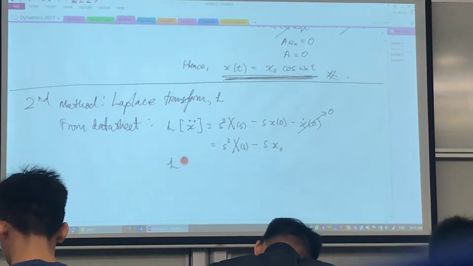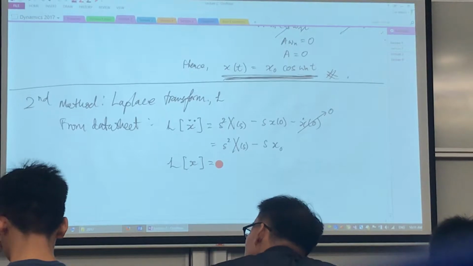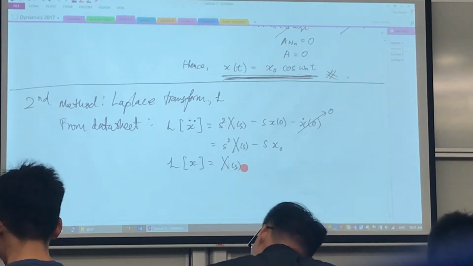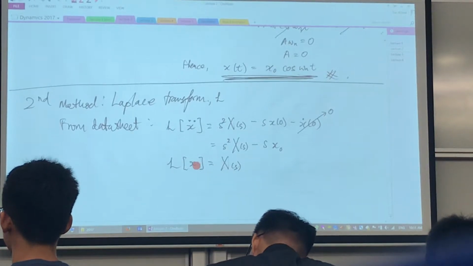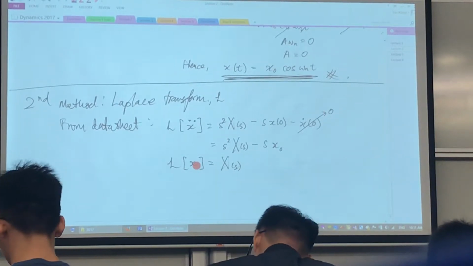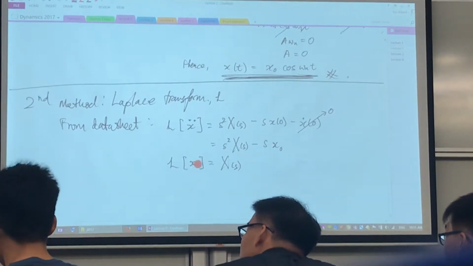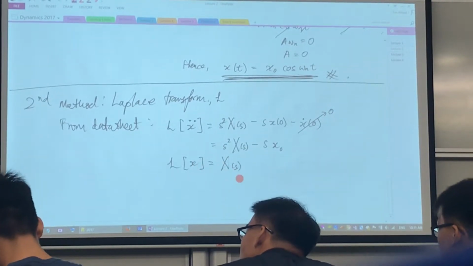If I take the Laplace of x, then it's simply capital X. Yes. Okay? This part is not written in your data sheet, but it's so easy. Laplace of x is capital X(s).